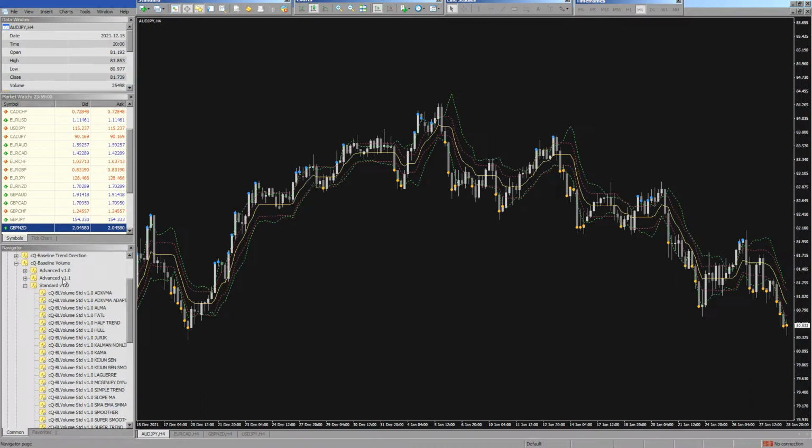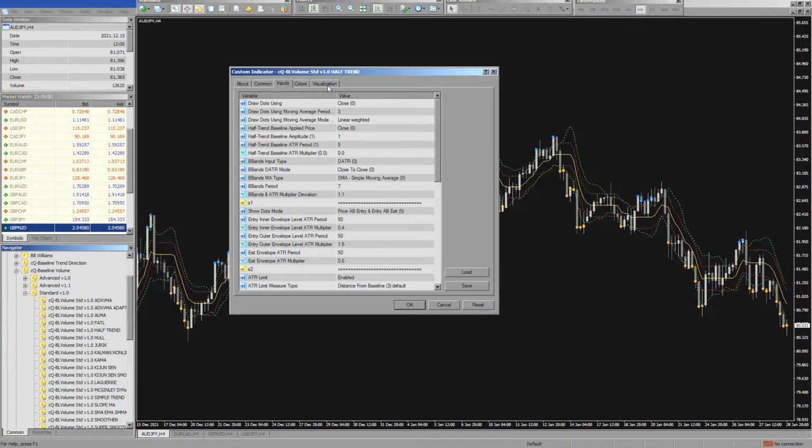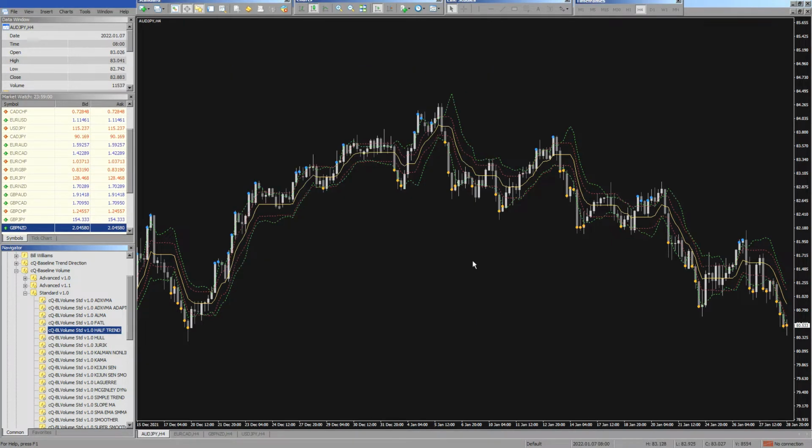What this new set of indicators is, each one has its own moving average, and there's a file for each one of them. I've broken it down into two variations. The first variation is what I call standard, and all these are indicators that don't really have any extra parameters or anything like that, and that's it. That's all this standard version has.